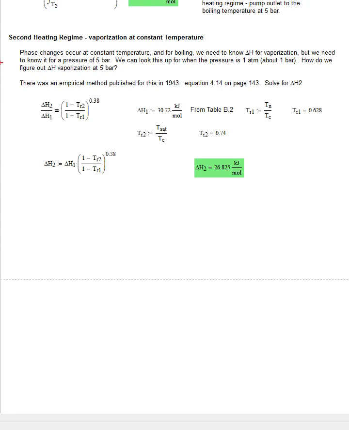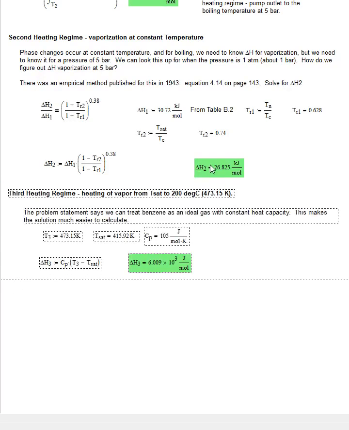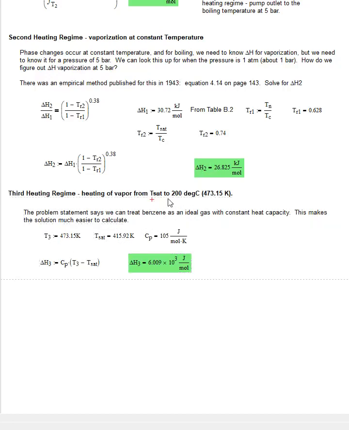The third part is going from our saturated vapor to superheated vapor. After the previous step, we're at saturated vapor. Now we go to superheated vapor, at 5 bar and 473.15 Kelvin.